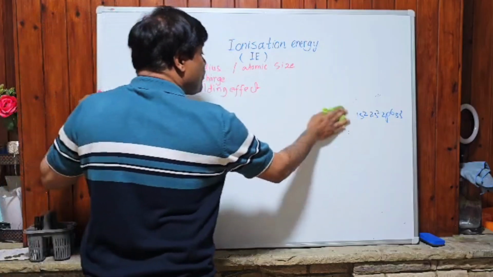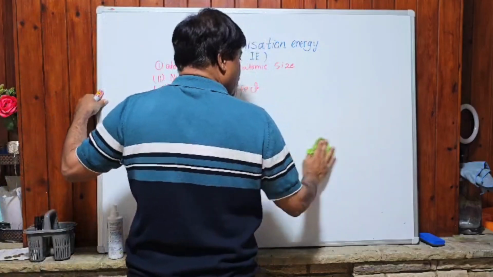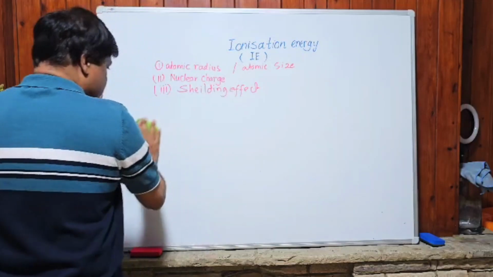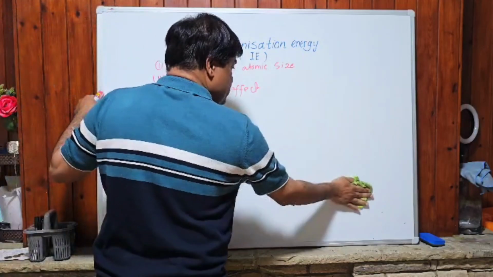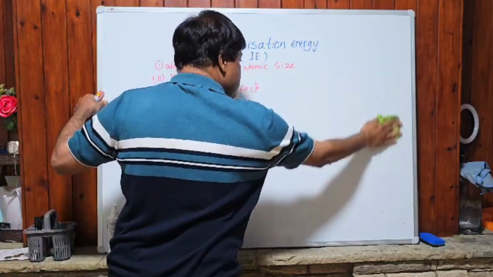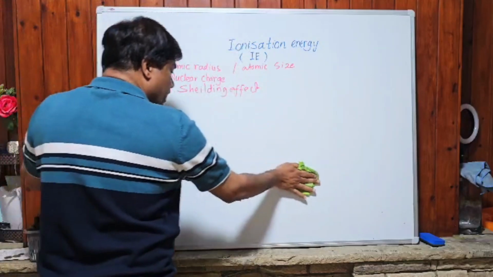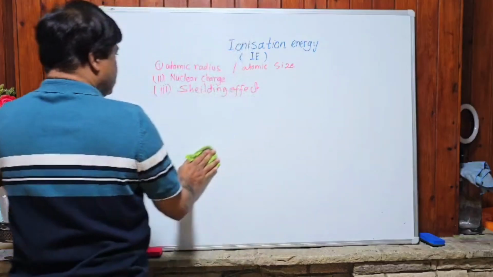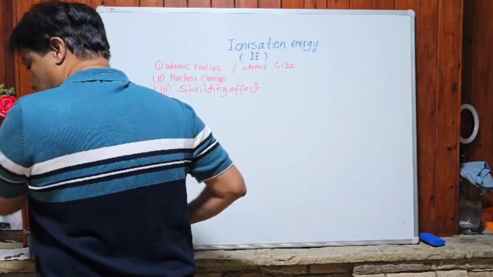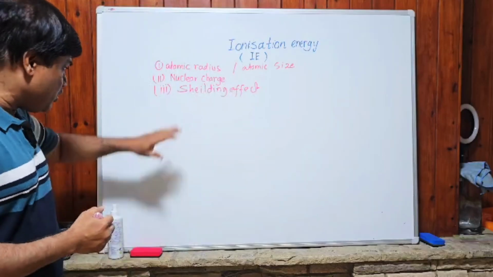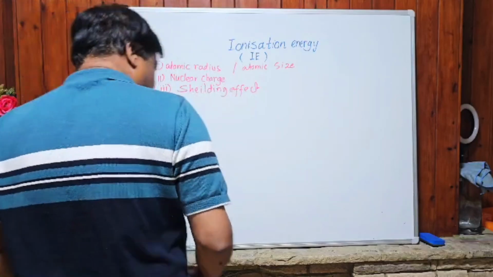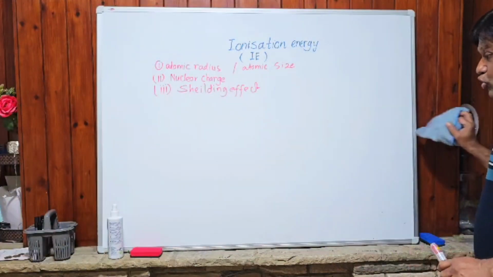Due to increase in number of shells. When the number of shells increases, the distance between the nucleus and the outer shell electron increases. That's called atomic radius. So first we will do atomic radius down the group, and then across the period.